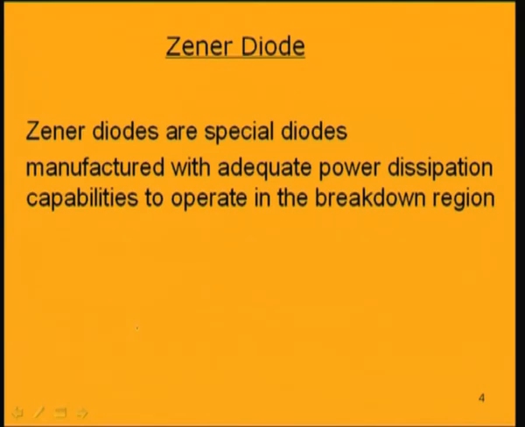For example, a common application is the voltage regulator. Now, this Zener diode is manufactured with adequate power dissipation capabilities, so that they can operate in the breakdown region, because normal diodes we cannot operate in the breakdown region because of the danger of degrading the characteristic of the diode if the power dissipation capability is not high, and normal diodes do not have high power dissipation capability.